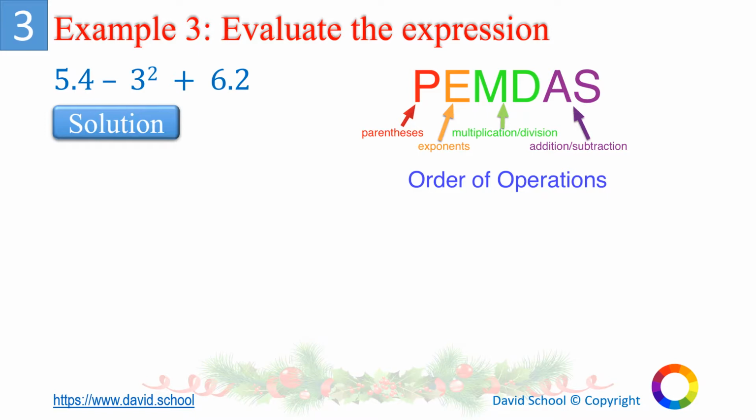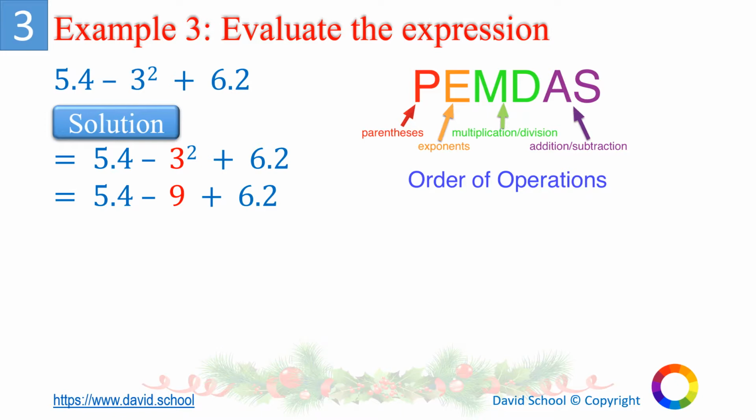We simplify it first. 5.4 minus 3 squared is 9, plus 6.2. We add 5.4 and 6.2 first and subtract 9 from the result, which is 11.6 minus 9, which is 2.6.